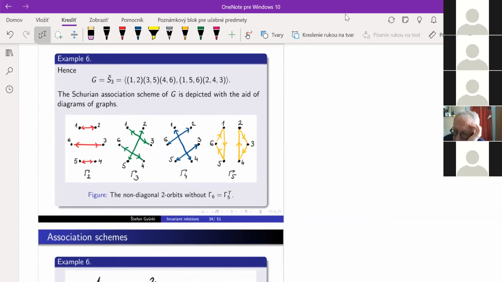Here, there are missing two basic graphs. One is the basic graph corresponding to the loops or to the diagonal relation or to orbit. And you can imagine the last two orbits simply by reversing the darts of the graph gamma 5.